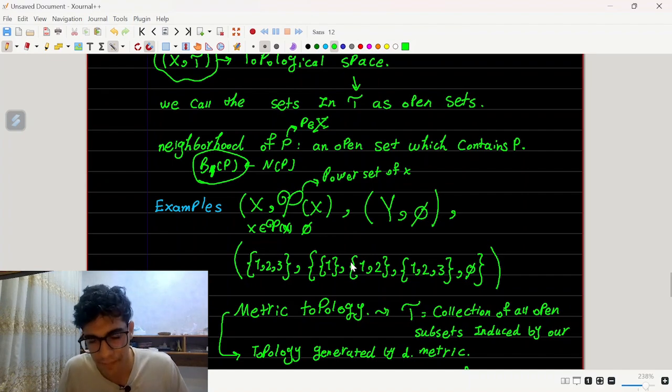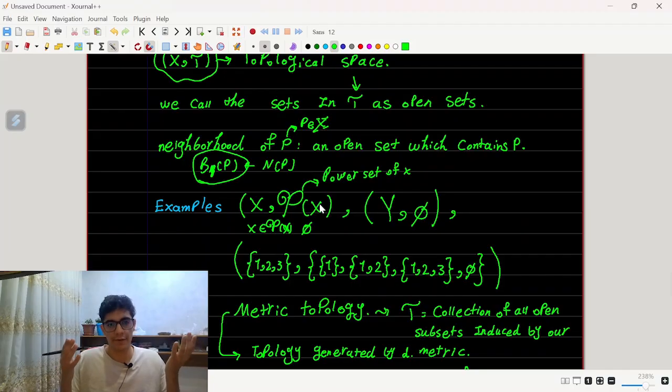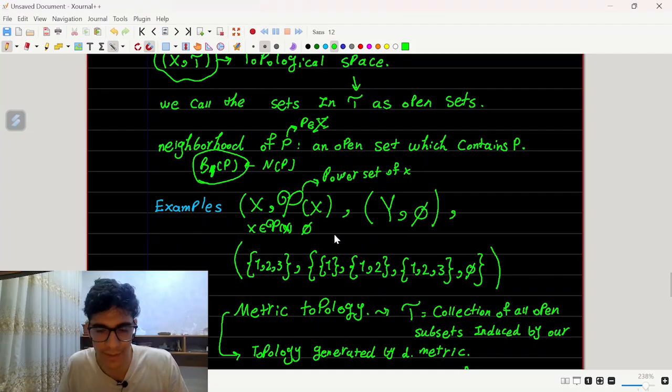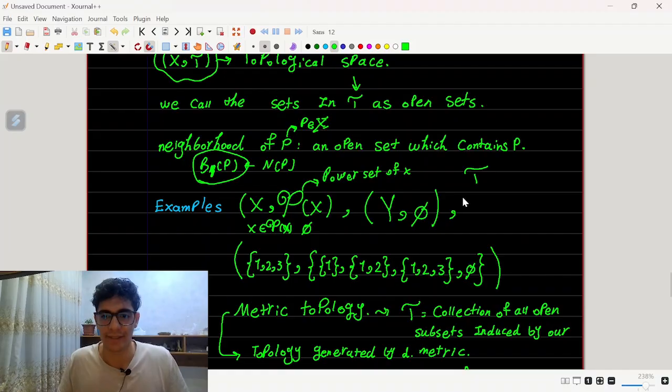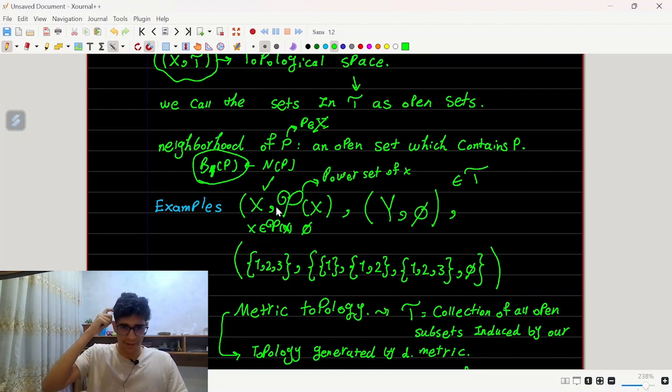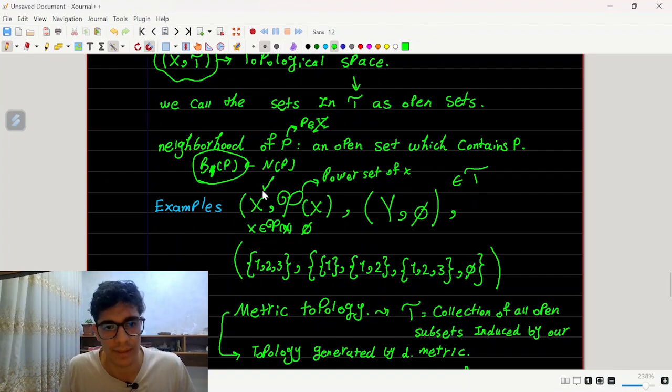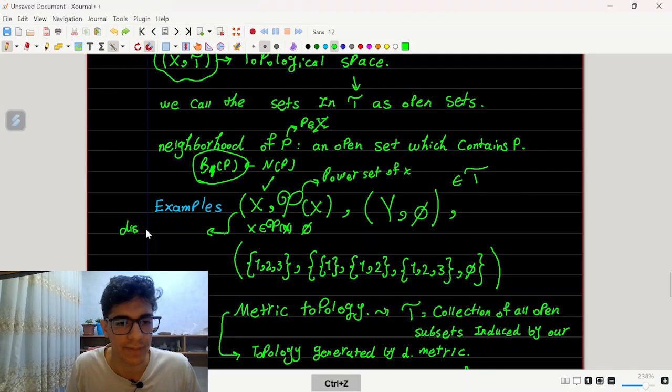The second condition is also satisfied because we are using the power set of X. It means that every possible subset of X is in our curly T. So whatever you intersect or union does not matter, and all of them will be in our curly T. So that's a quick proof of this space being a topological space, which we call the discrete space.